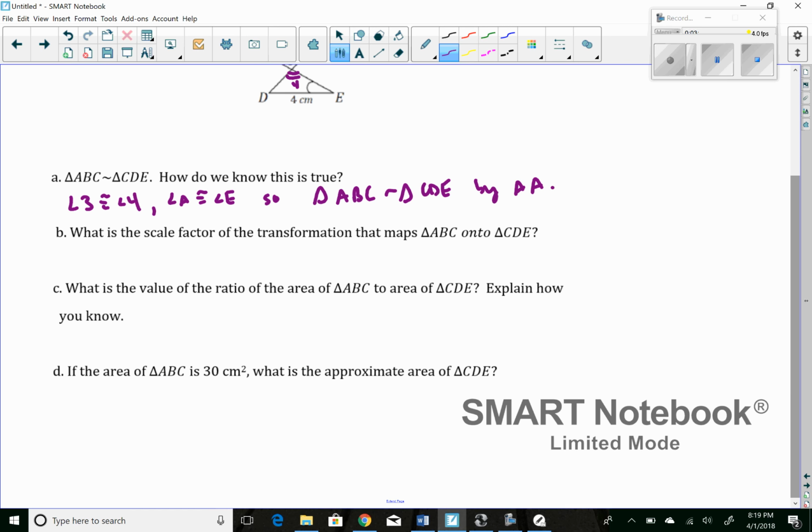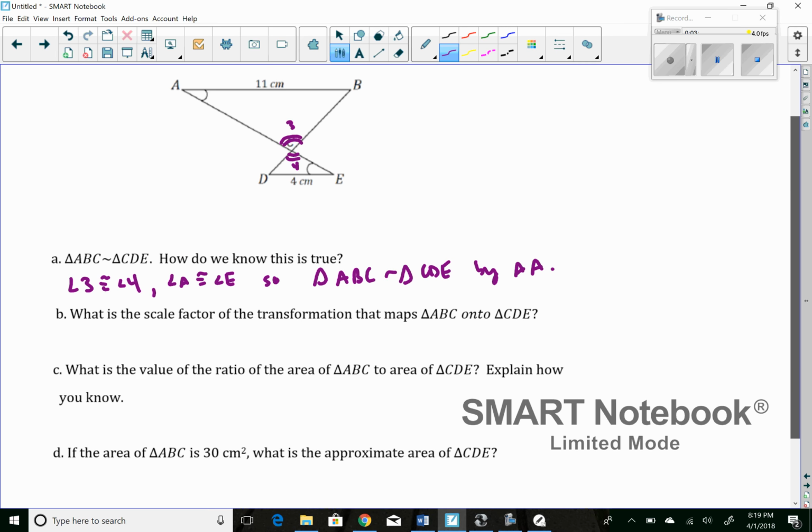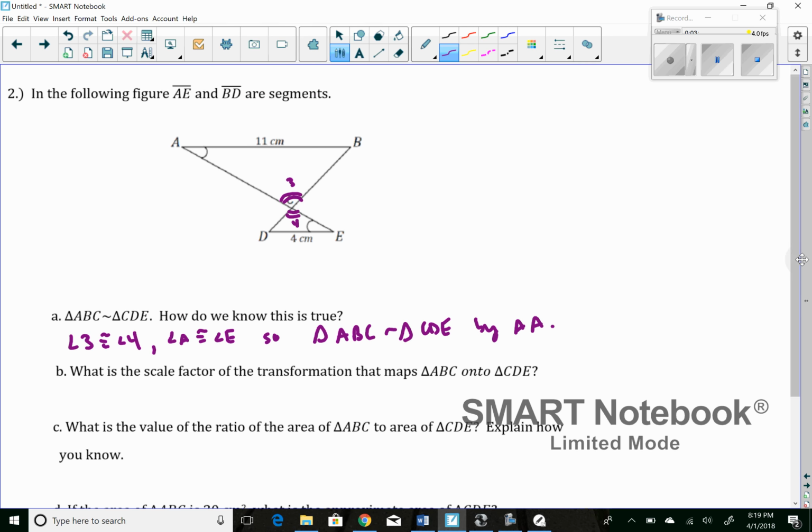It then says, what is the scale factor of the transformation that maps triangle ABC onto triangle CDE? So one of the things I see is there is one set of corresponding sides. One is 11 and the other one is 4. So I'm going from 11 to 4. So the ratio of sides is 11 to 4.